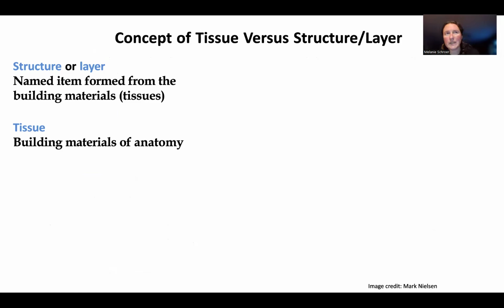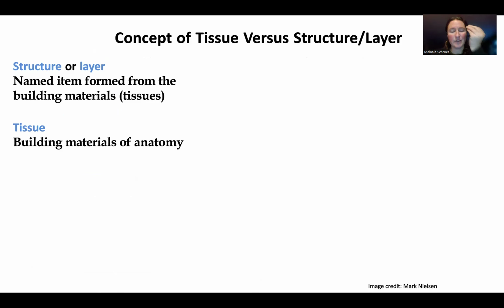So before we jump into talking about the structures and the tissues of the skin, let me first clarify what I mean when I say what is a structure and what is the tissue. So a structure or a layer or a bone or a bump on a bone, right? Those are the things themselves, right?